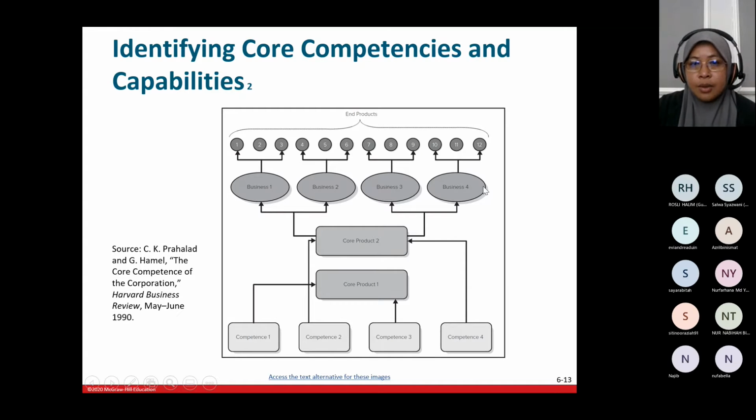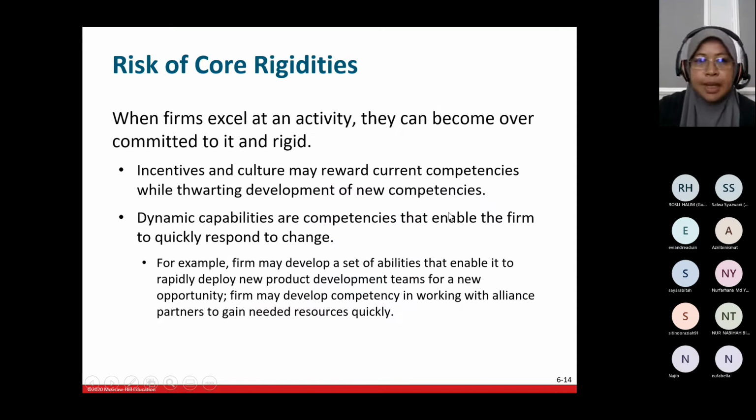So these are what we call the business units. Meaning that all the competence a company has may produce a traditional product, or they can also have a product that supports several business units. That's what I mean.